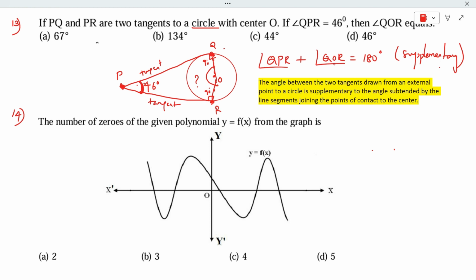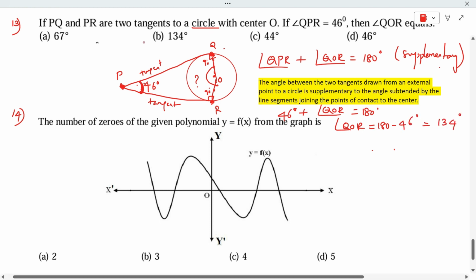So that is angle QOR. So when I add these two angles, I will be getting 180 degrees. So 46 degrees plus angle QOR. Why am I substituting 46? Because I know QPR, that is the angle between the tangents, is 46 degrees. That is going to be 180. So angle QOR will be 180 minus 46, which is 134 degrees. The option is B.